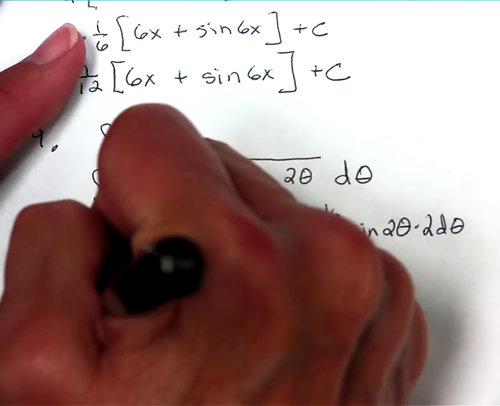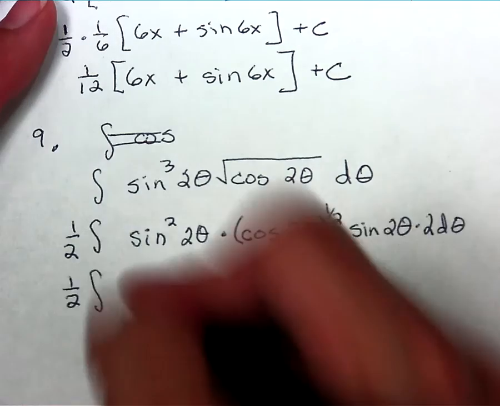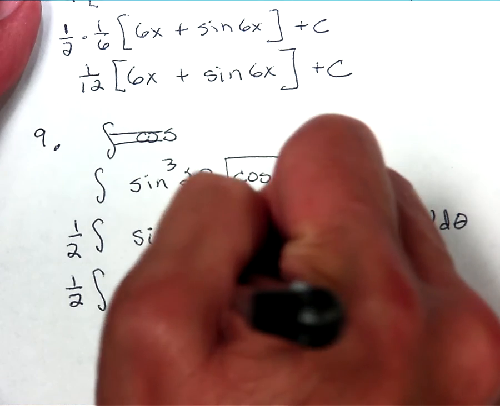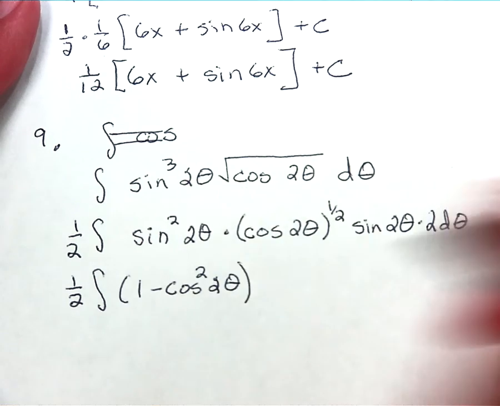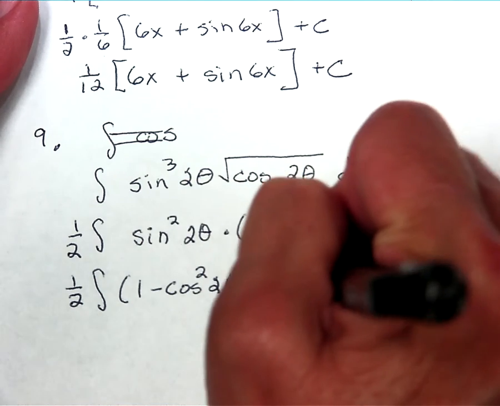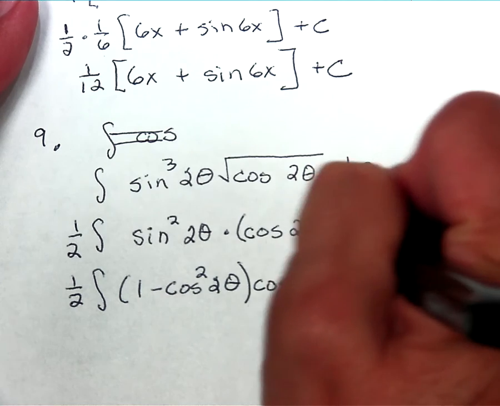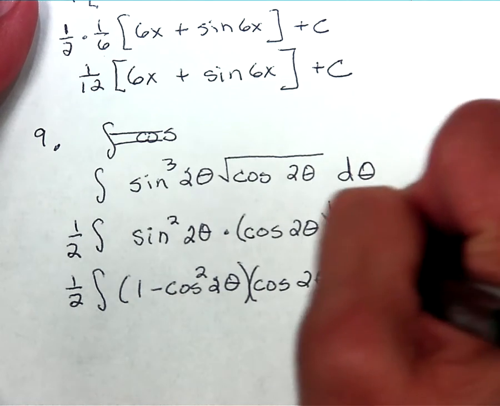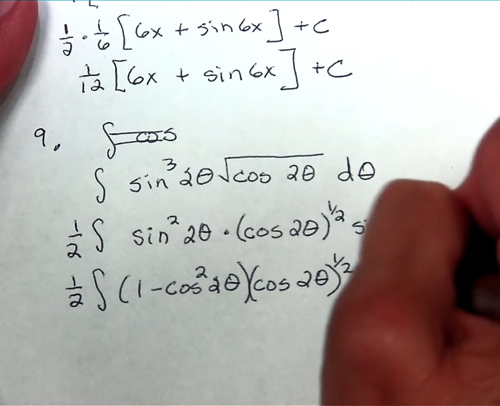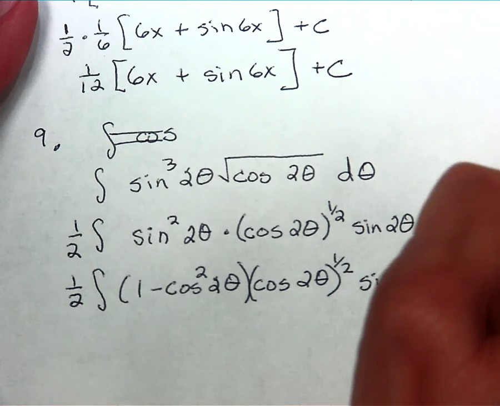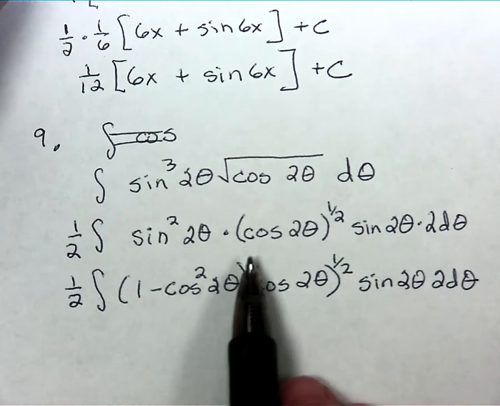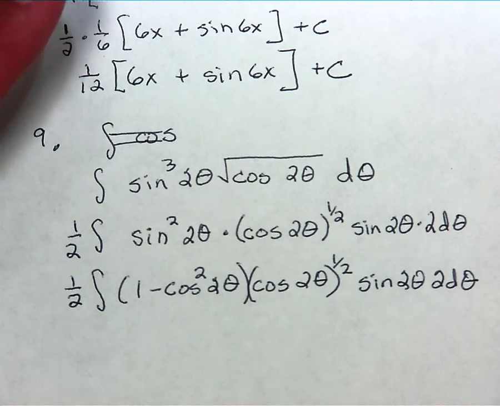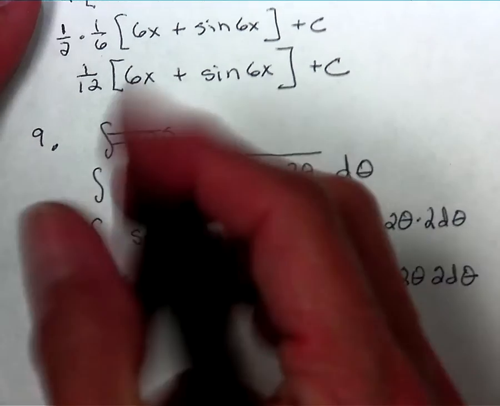So sine squared is 1 minus cosine squared, the substitution right there, and then distribute this.